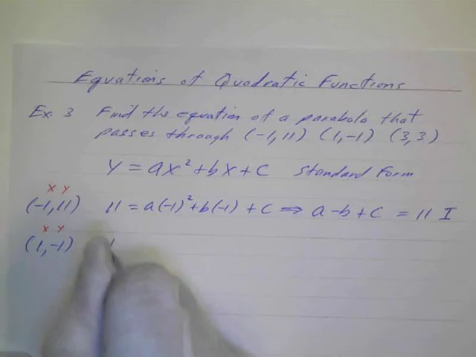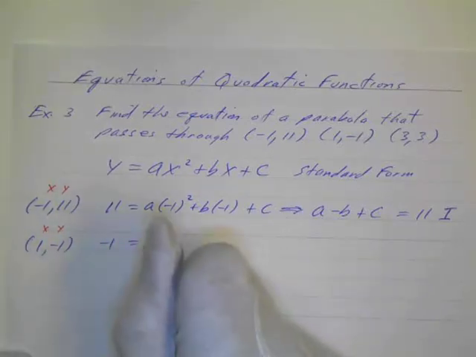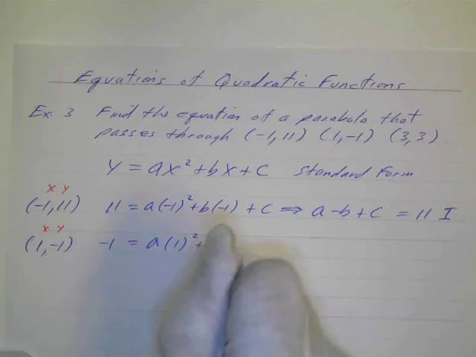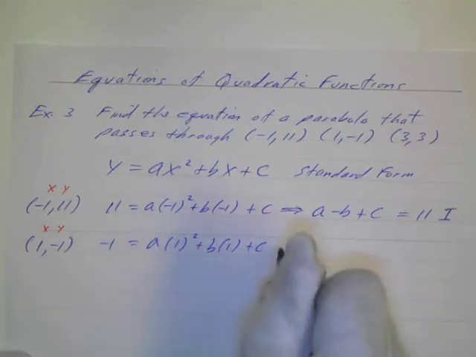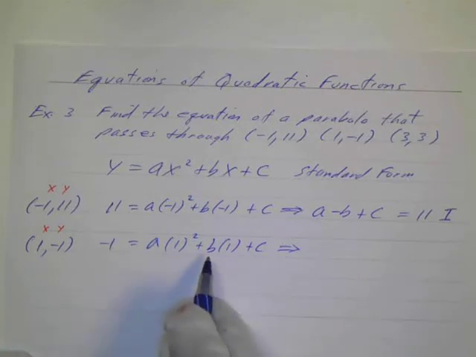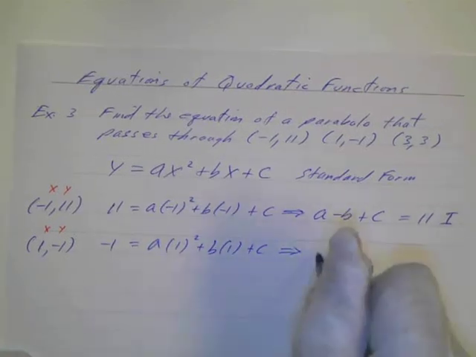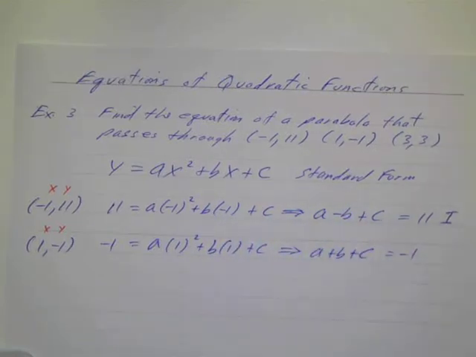So I'll put a negative 1 here, and that's going to equal a times 1 squared plus b times 1 plus c, and that's going to lead to this conclusion, a plus b plus c equals negative 1. And I'm going to call that equation number 2.